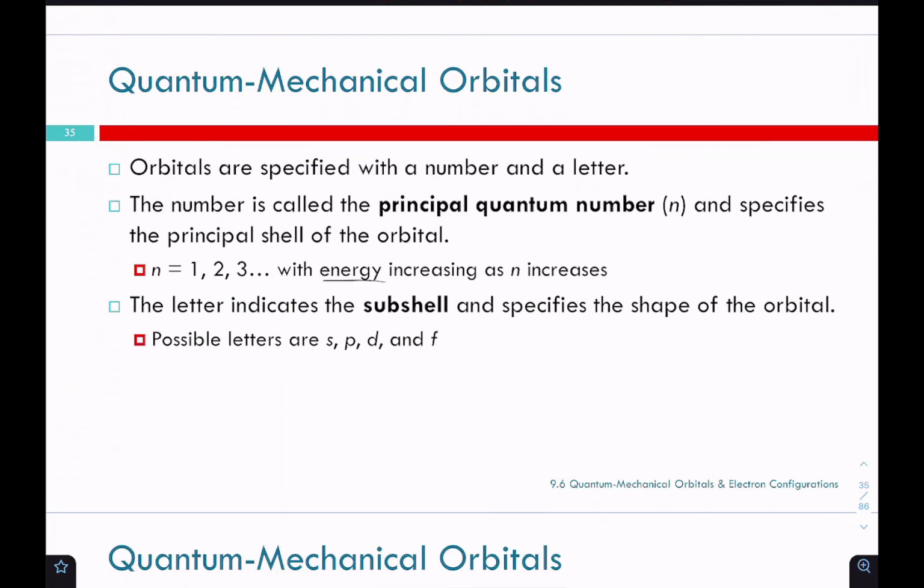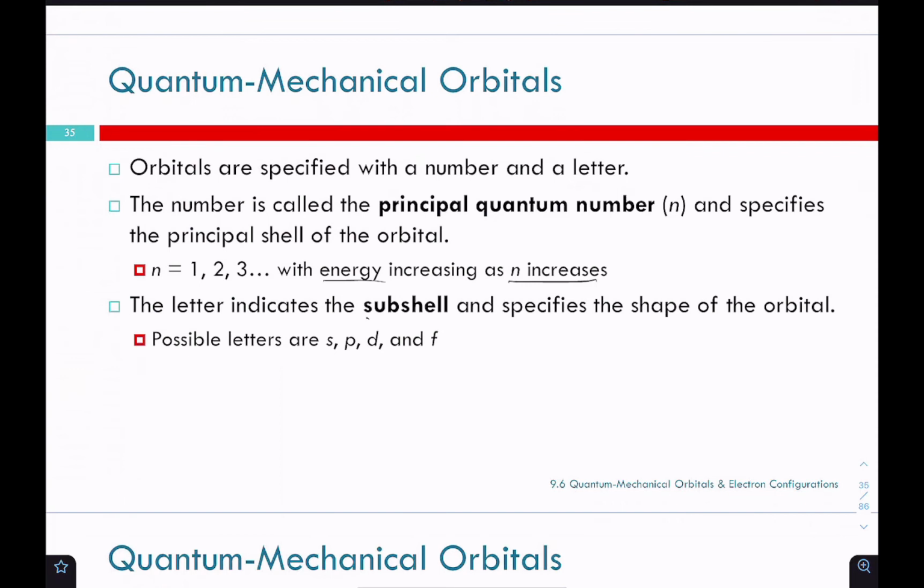And energy increases as n increases. You can think of them as like zip codes. The principal quantum number is like a zip code, and the higher the number, the farther away you are from the nucleus, which would be like the center of the city.